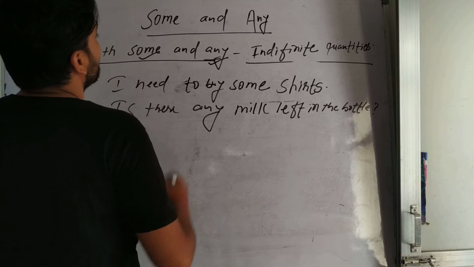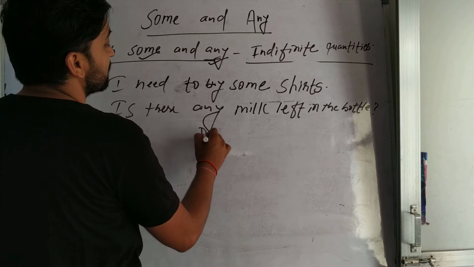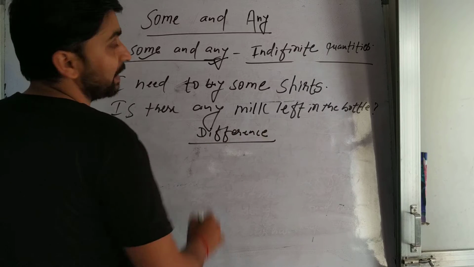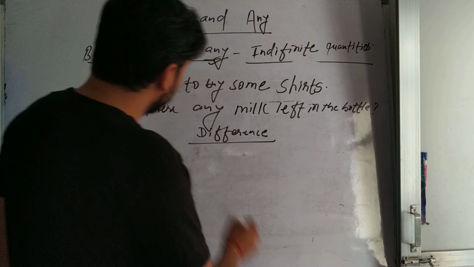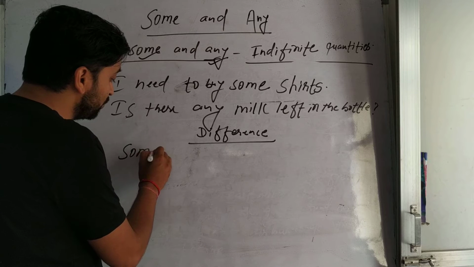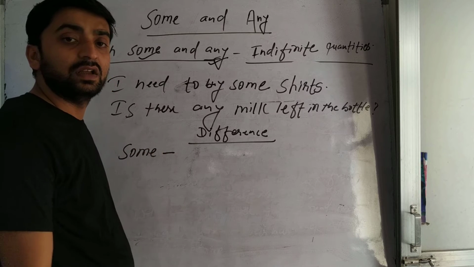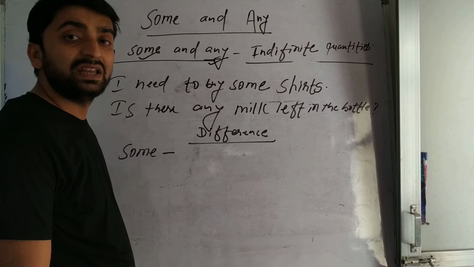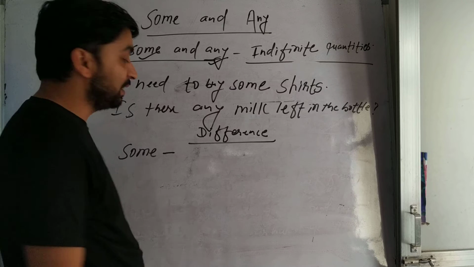Now we are going to talk about the differences. What are the differences between some and any? So let's see here. Some is generally used in affirmative sentences, or you can say it is very much common in affirmative clauses.